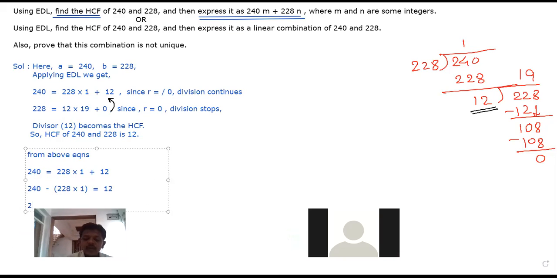And this 240 is actually nothing but 240 into 1.